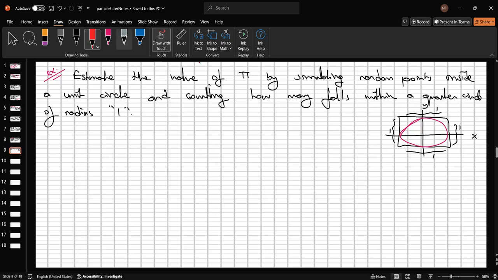And so each time we draw the points at this notation, and after that we count how many points are included in the unit circle, and how many points are not. Okay, this is our simulation.